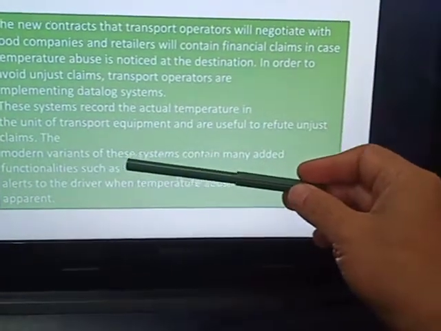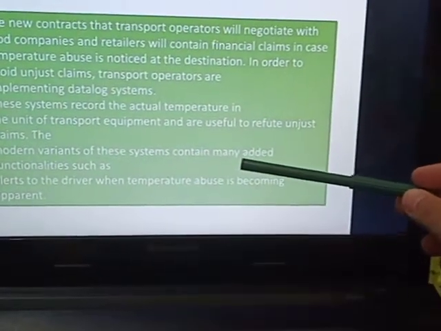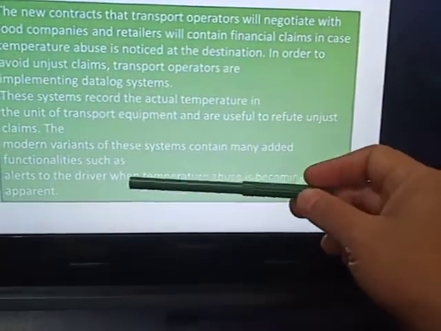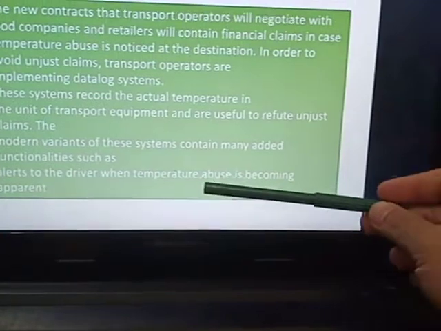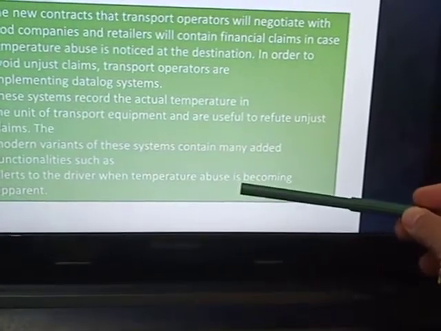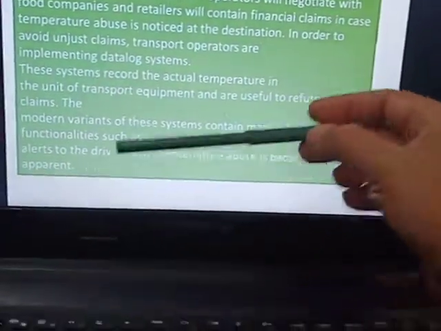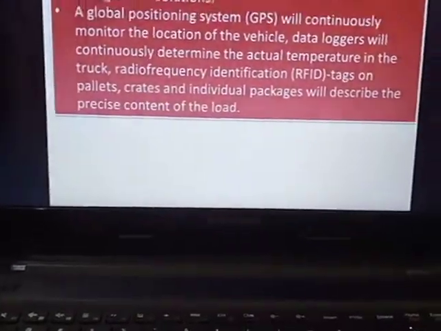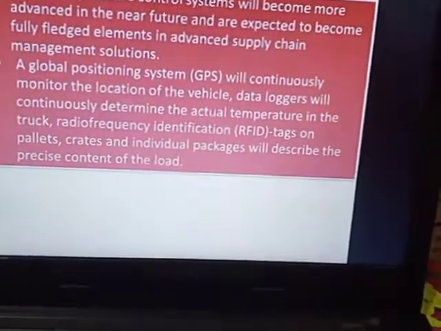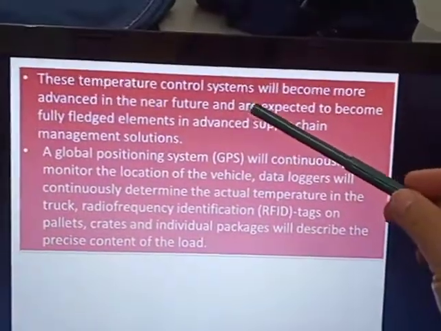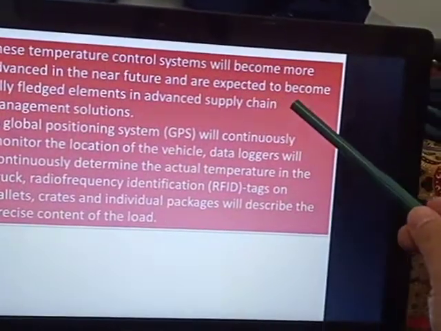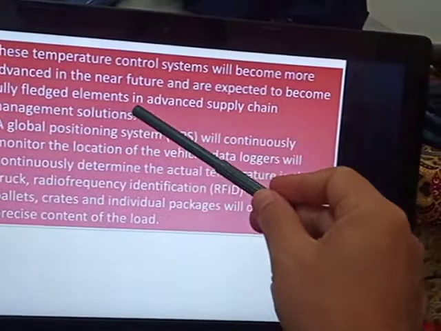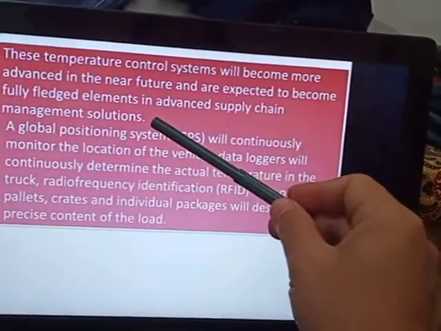The modern variants of this system contain many added functionalities, such as alerts to the driver when a temperature increase is becoming apparent. So the temperature control system will become more advanced in the near future and is expected to become a fully fledged element in advanced supply chain management solutions.